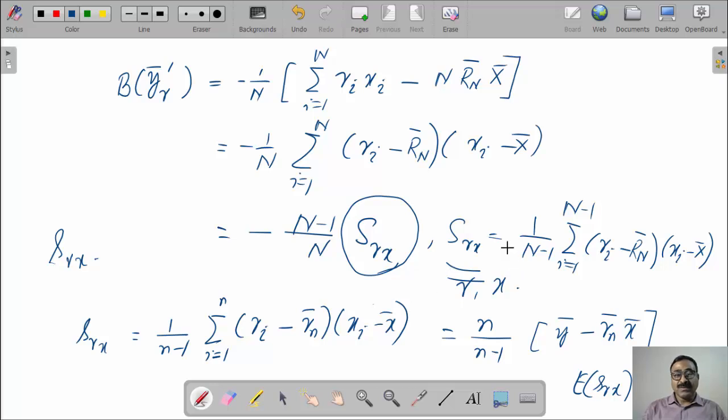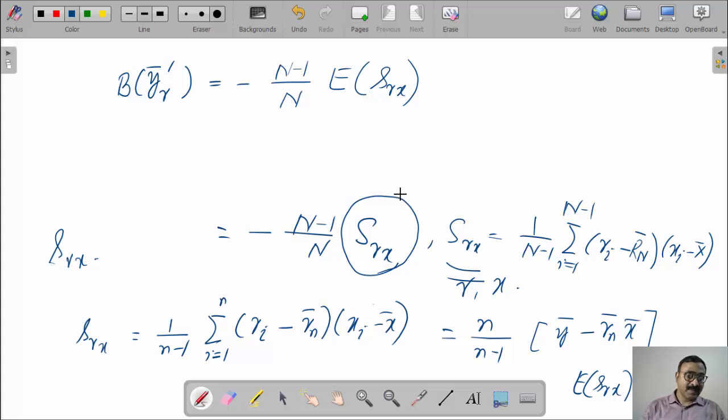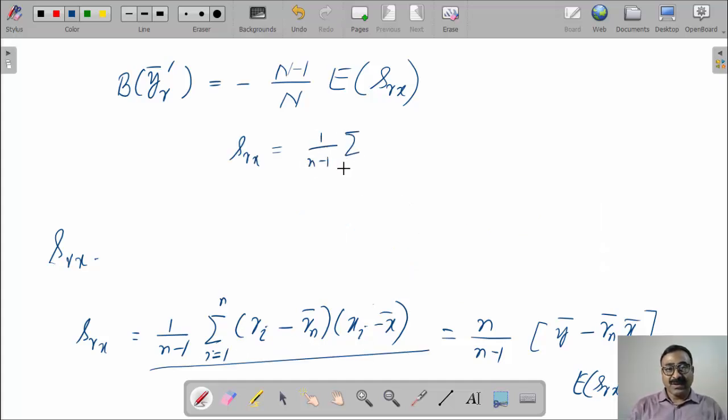So now we have seen that the bias of y R bar dash is equal to minus n minus 1 by n expectation of small s_rx, where small s_rx is defined by this, equal to 1 by n minus 1 summation i equal to 1 to n of Ri minus Rn bar into xi minus x bar.